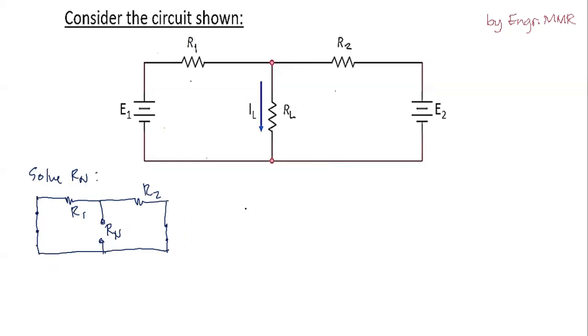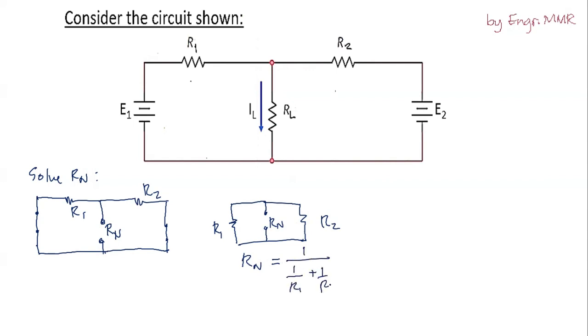We will redraw the circuit like this, so that it will be clearer that R1 and R2 are just connected in parallel. So RN is the parallel combination of R1 and R2: 1 over R1 plus 1 over R2.